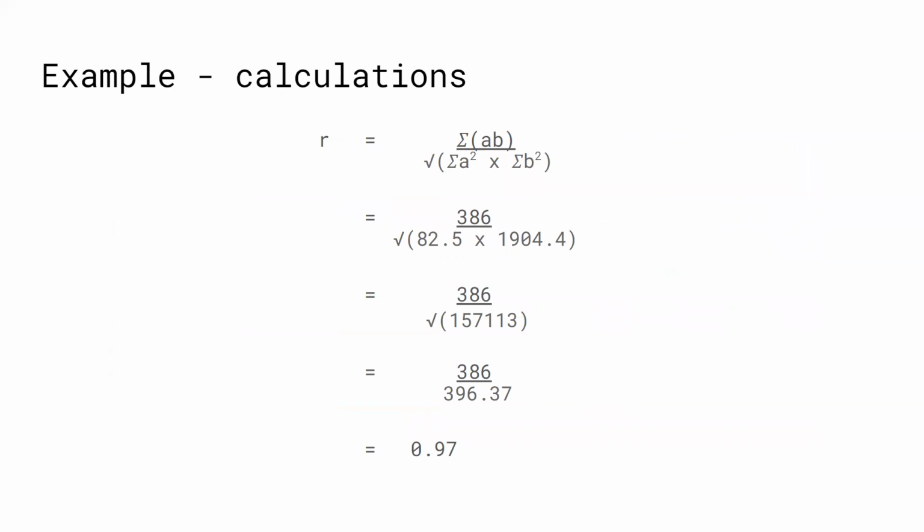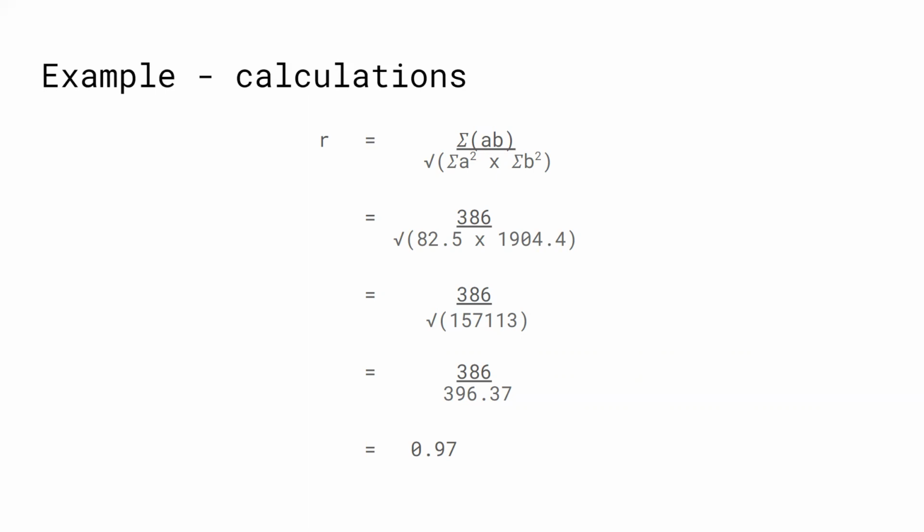And here it is. So again, R is equal to the sum of A times B divided by the square root of the sum of A squared times the sum of B squared. We put the values from the table in, and we get 386 divided by the square root of 82.5 times 19.04. Now, we're going to go through BIDMAS, so that's brackets, indices, division, which coincidentally are the three things that we have.